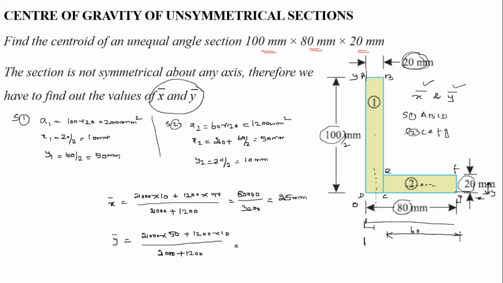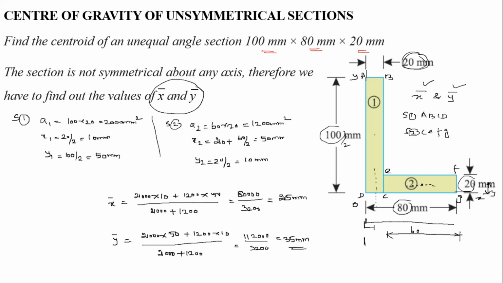What about y bar? Similarly, 2000 into 50 plus 1200 into 10, so 1,12,000, divided by 3,200, which is equal to 35 mm.